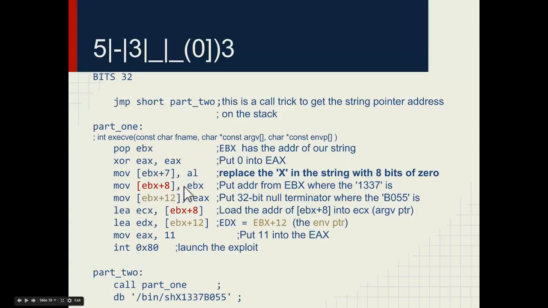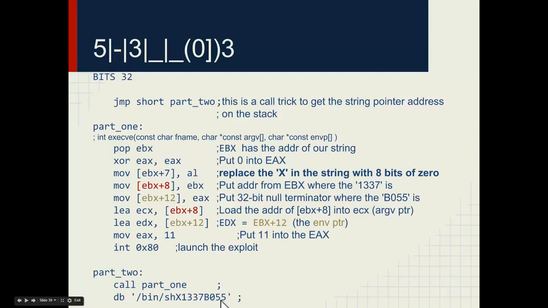Now what we want to do is move the string EBX, the pointer stored in EBX now, to EBX plus 8. So it's going to overwrite 1337 with the address also to binsh. And then what we do here is we put EAX, which has been 4 null bytes because it's been zeroed out.